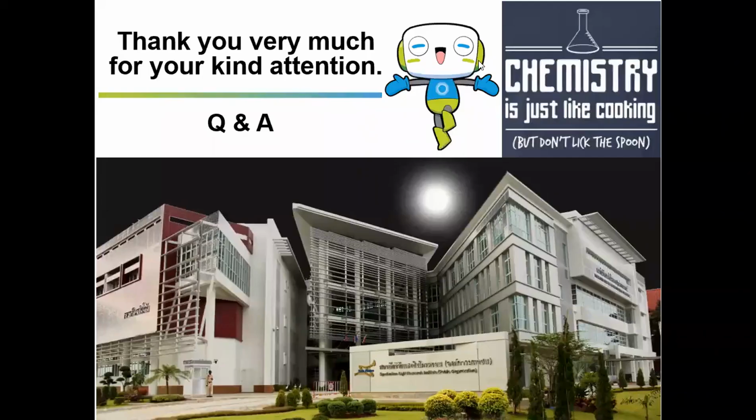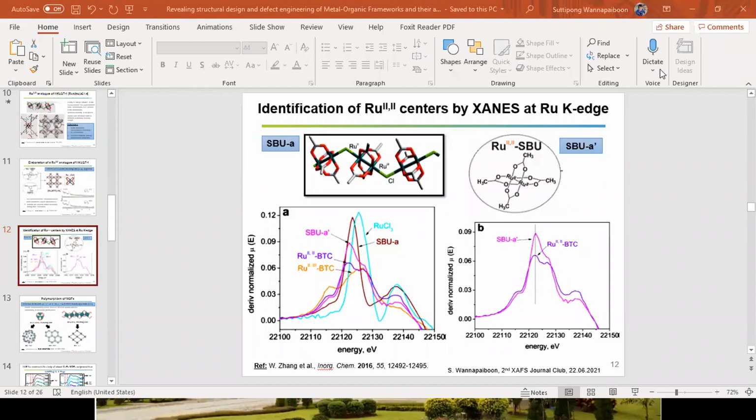I have a question, maybe I did not catch the point. Can you go to page 12? In the ruthenium based MOF, you use a precursor which contains chloride, then you make the MOF.